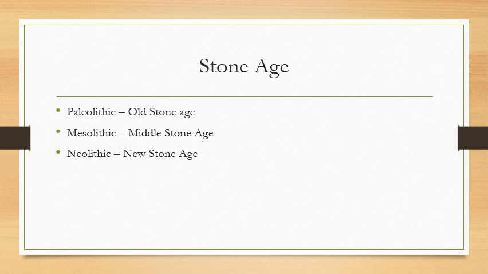Paleolithic period ranged from 2 million years ago to 12,000 years ago, Mesolithic from 12,000 years ago to 10,000 years ago, and Neolithic from 10,000 years ago onwards. And further, Paleolithic was divided into three parts: lower, middle and upper Paleolithic. And this particular age covers 90% of human history.